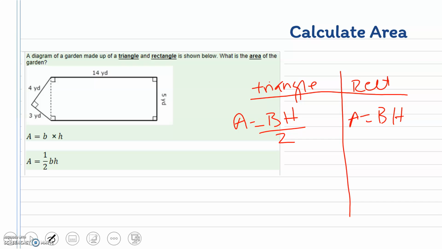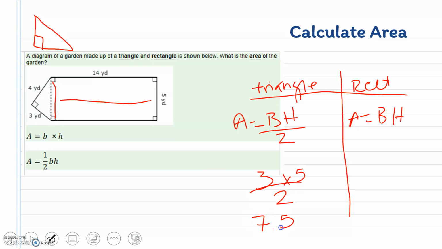Let's look at the triangle. Our base, because we want to turn this to make it look like a 90-degree angle, is 3. Our height is provided here, which is 5. Divide that by 2, which will give us 7.5.